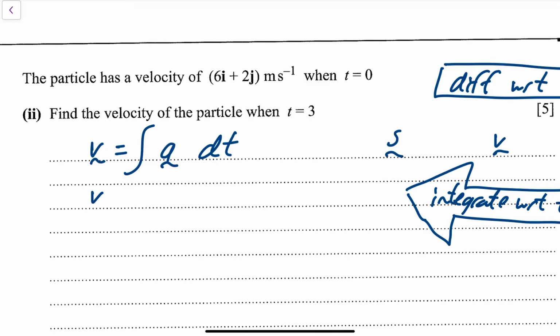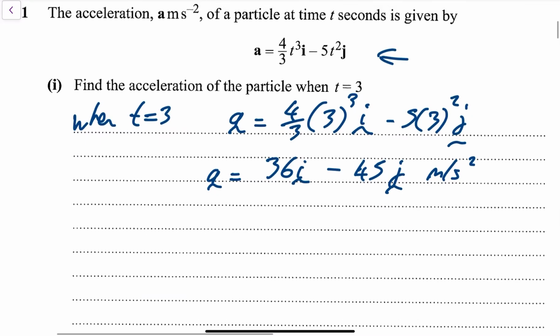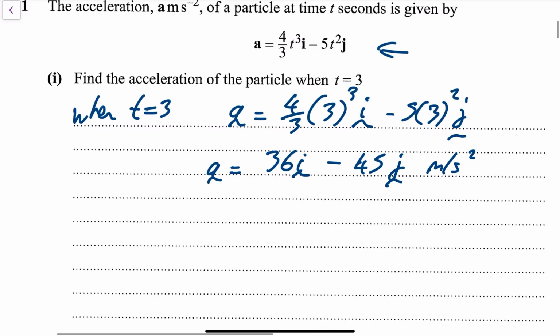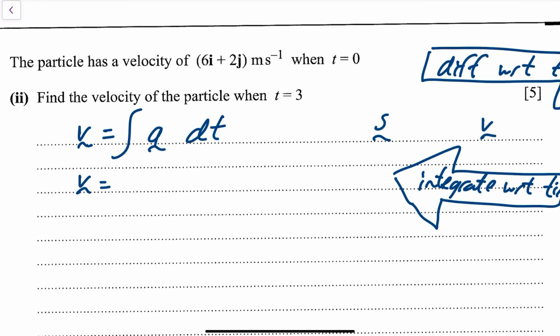We want to get our velocity. Our acceleration was this thing here: 4 over 3 t cubed i minus 5t squared j. So we want to integrate that. So it's the integral of 4 over 3 t cubed i minus 5t squared j, integrating that with respect to t.